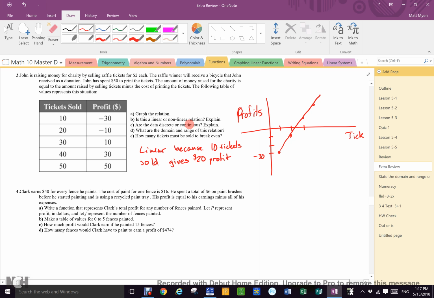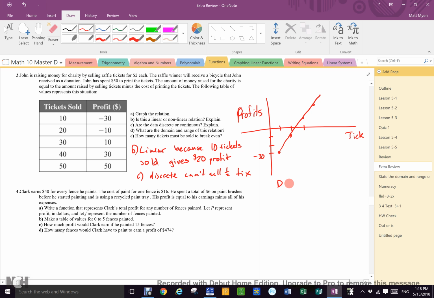Is it discrete or continuous? That's B. It's discrete because you can't sell half a ticket. The domain and range.